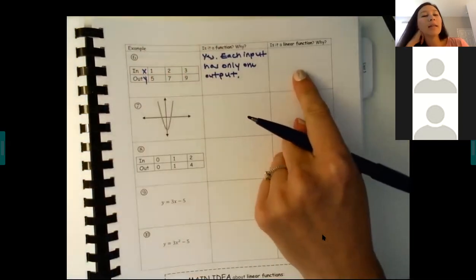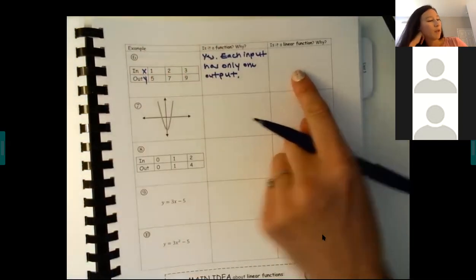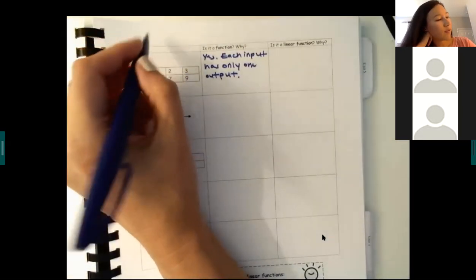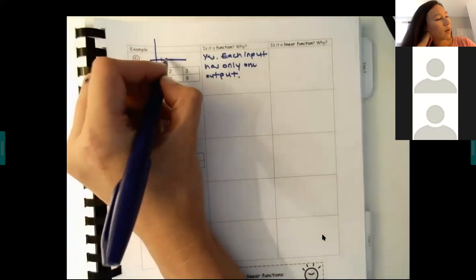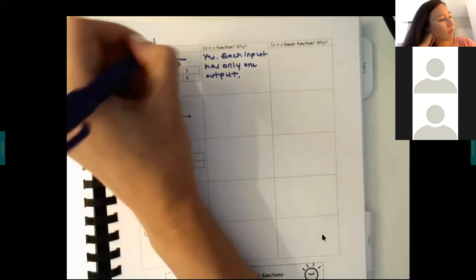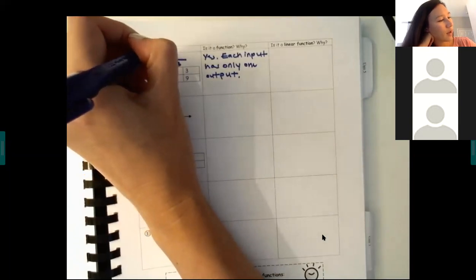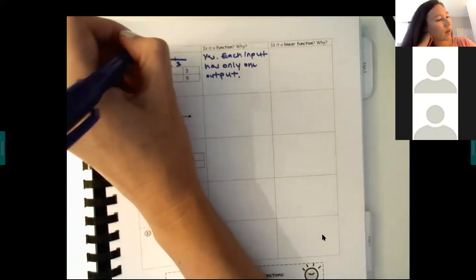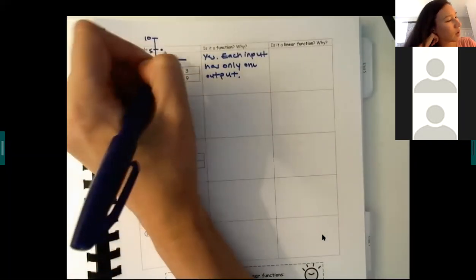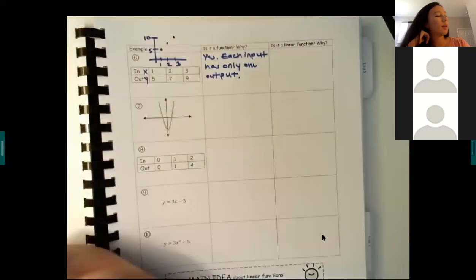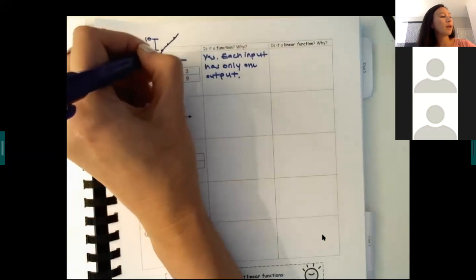Now, is it a linear function? Well, we can graph to figure that out. So we have 1, 2, 3, and then we have 5, 7, 9. So we'll say this is 5 and this is 10. If we graph (1, 5), (2, 7), and (3, 9), that forms a straight line.